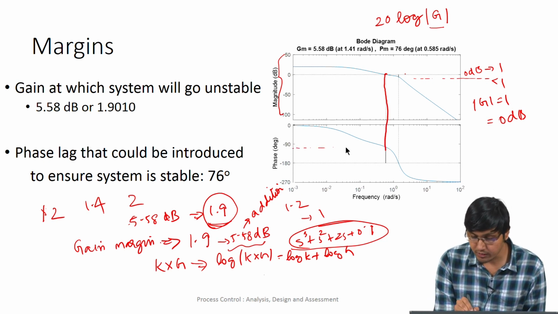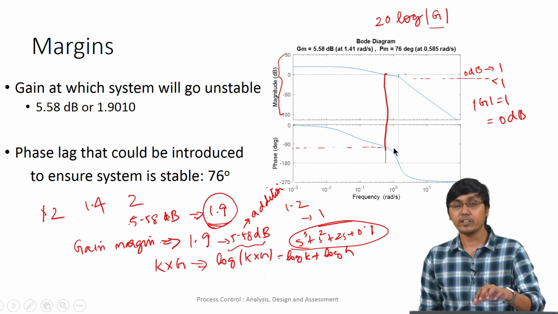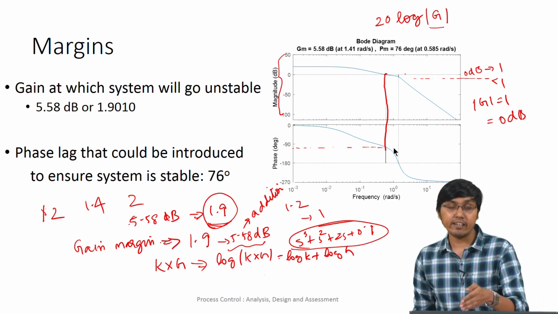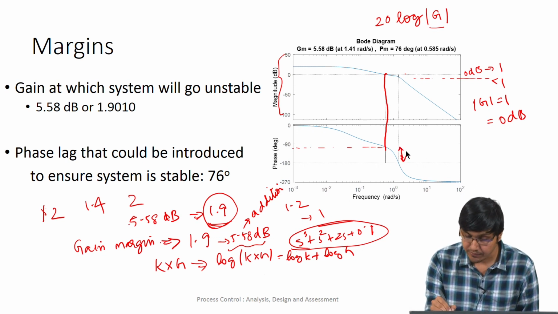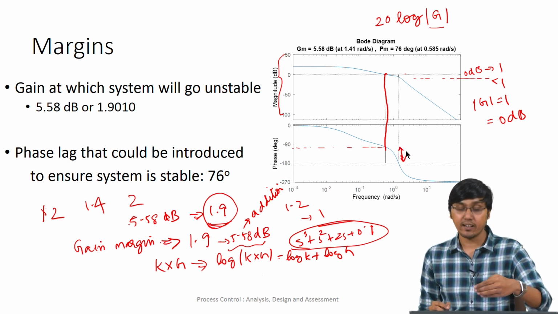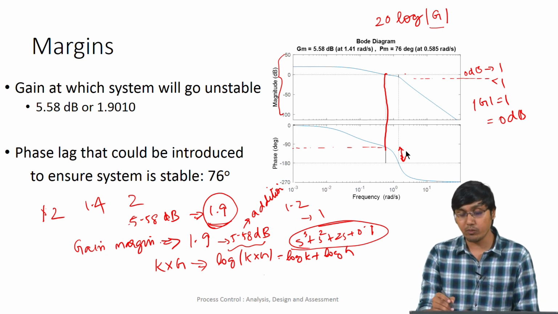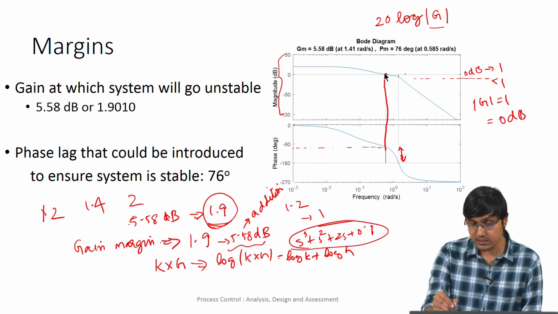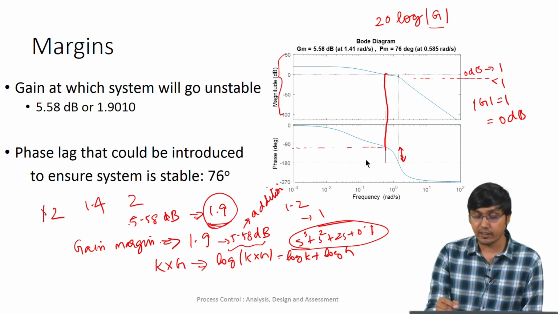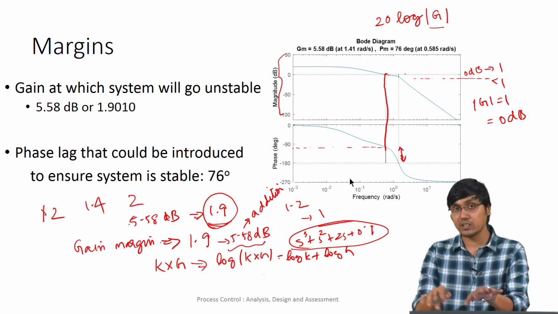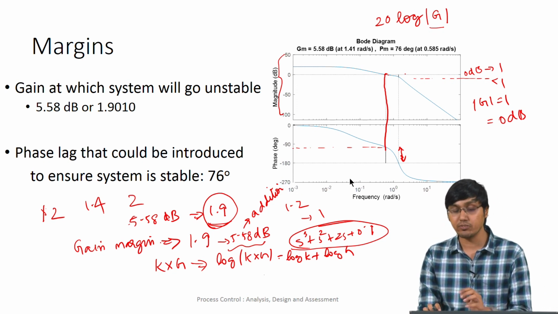Now if I make a mistake of, say, this much phase lag, if I introduce this much phase lag to make the system unstable, the condition is that at this particular value of gain equal to 1, I should have a minus 180 degree phase shift. But with this approximate model I am not getting minus 180 degree phase shift at this gain.